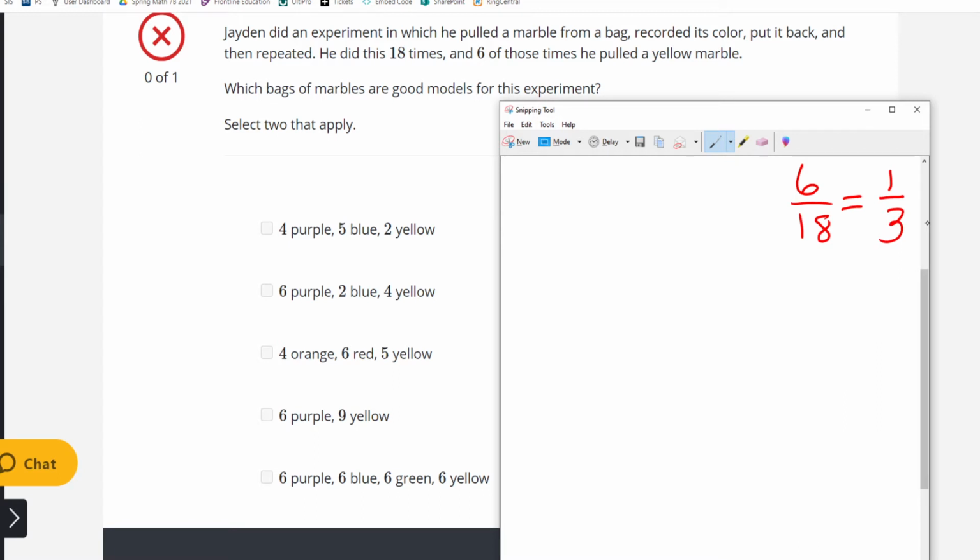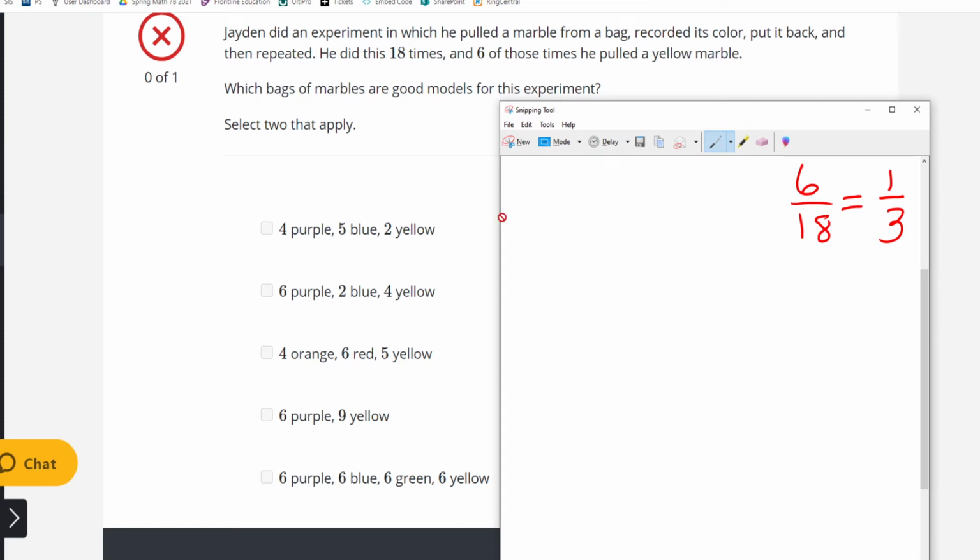If you type it into Desmos, 6 over 18, and then hit the fraction button over on the side, it'll simplify it for you, and it'll show you that it's 1/3. So what our job is here is to go through and figure out the probability of pulling a yellow for each one of these. That means I'm putting the number of yellow marbles over the total number of marbles.